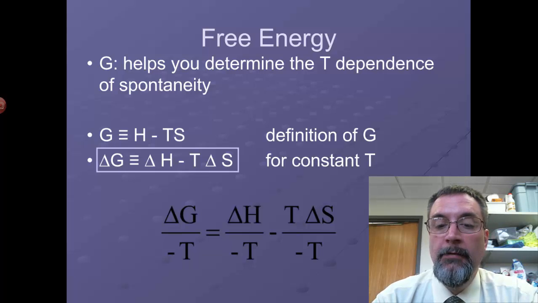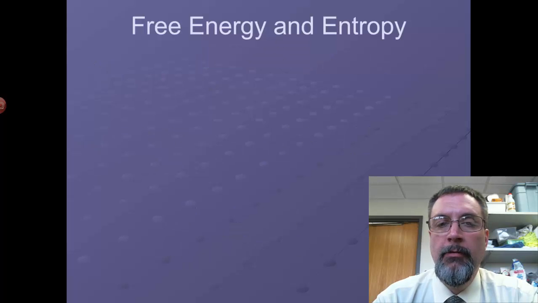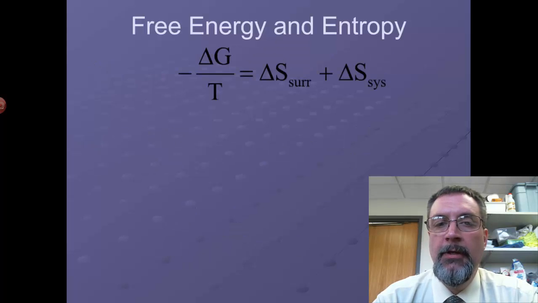And T over negative T will cancel, and it'll change that negative sign between those two terms to a positive sign. And delta S, remember, when there's no subscript, refers to the system. So really, I can rewrite this as negative delta G over T is equal to delta S of the surroundings plus delta S of the system.